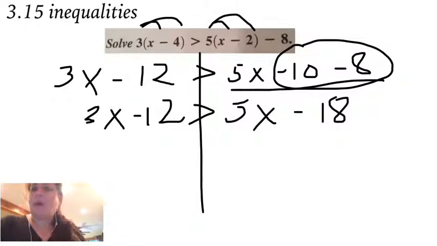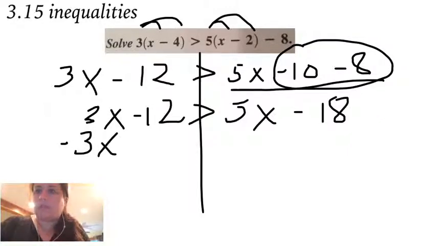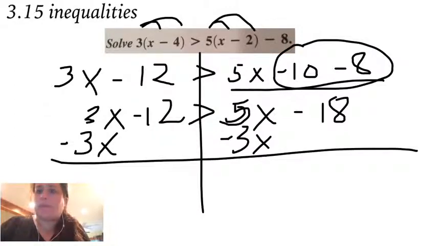I'm doing everything that I would do if I was solving for x in an equation. I just have to remember that if I multiply or divide both sides by a negative, I have to flip the symbol. From this point on, there are 4 possible steps you can take, and all of them are probably correct. But I'm going to choose to subtract 3x from both sides. This up here is a 5, even though it doesn't look like it.